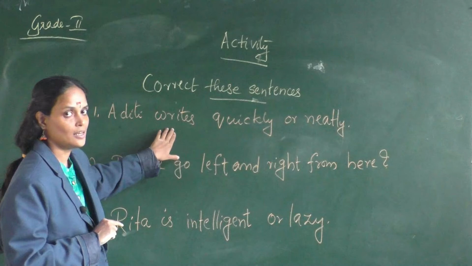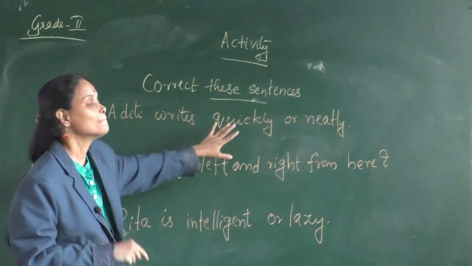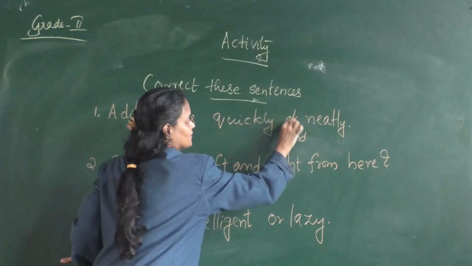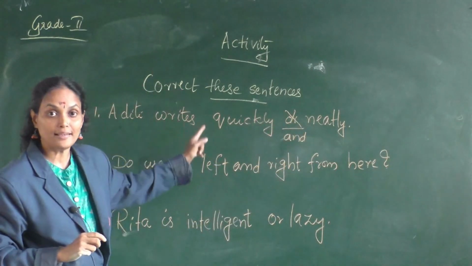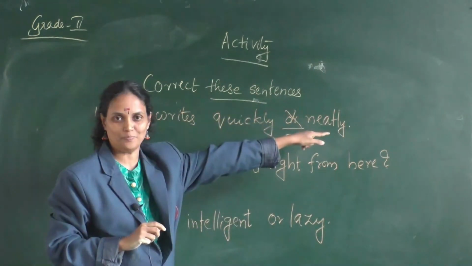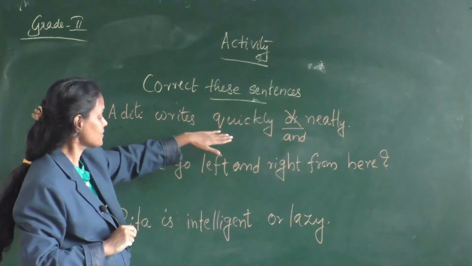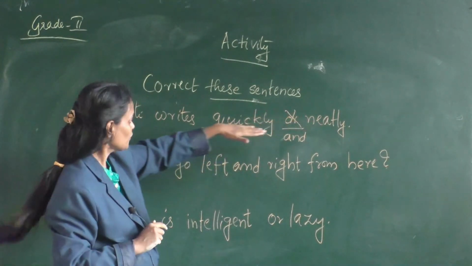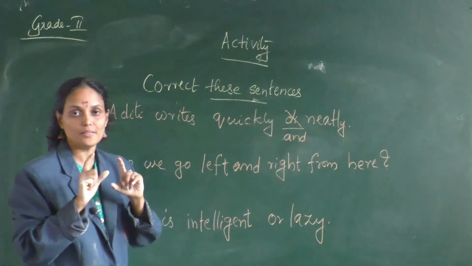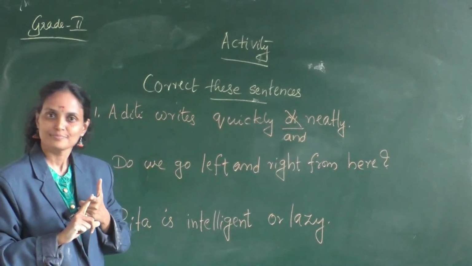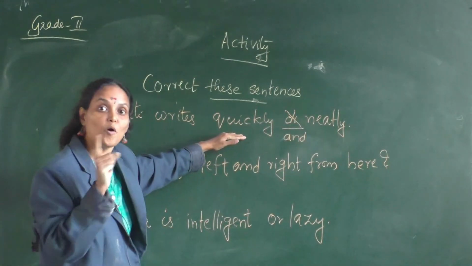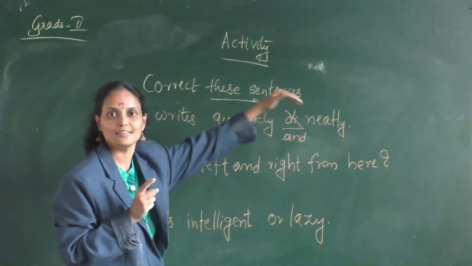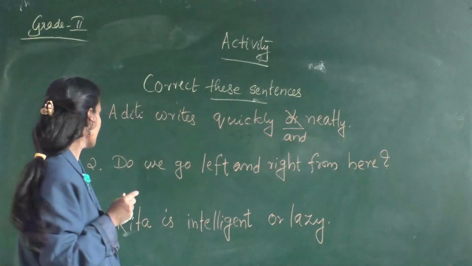Aditi writes quickly and neatly. This is wrong. Quickly and neatly. Correct? Actually, it's a word pair again. Quickly and neatly. Both of them are positive words. Correct? They are used in positive sense. So, quickly and neatly. Okay? Second one.